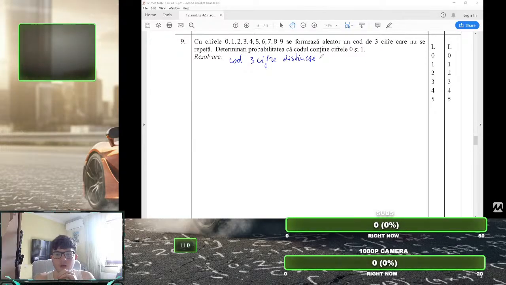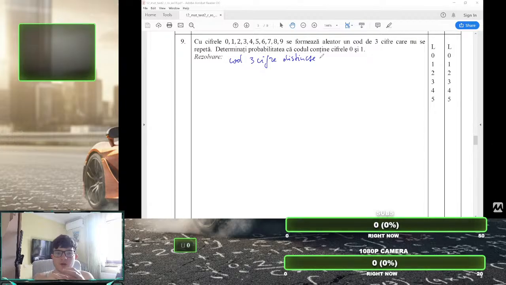No, we don't have that. We have a 3-digit code. So first one can't start with 0 as it is a code, is not a number. So it's going to be 10 times 10 times 10, which is 10 to the power 3.